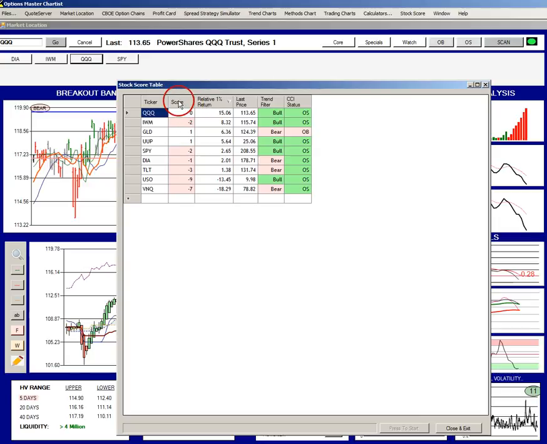Now, each of these columns is sortable, so we can sort on scores. And a 0 score is neutral, positive scores are bullish, negative scores are bearish. Now, these are absolute scores or raw scores. They're not relative to anything. They're based on a rate of change over a 6-month period.